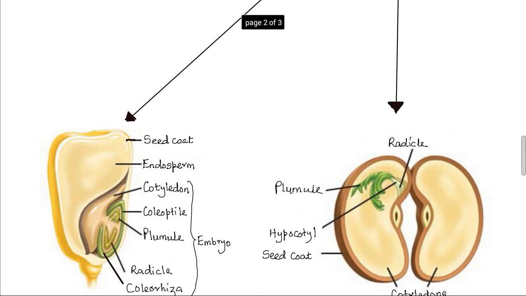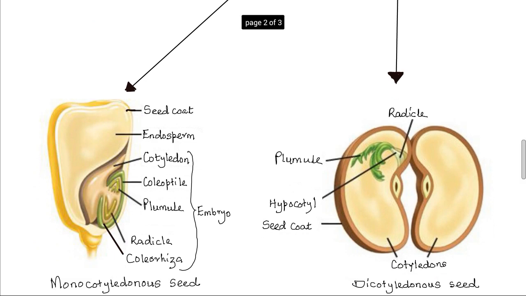Now there are two types of seeds depending on the type of plant. One, there is that type of plant in which there's only one cotyledon. Here, this is a cotyledon. This type of seed is known as monocotyledonous.